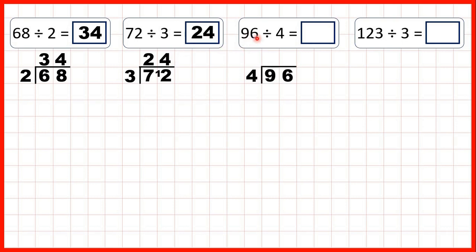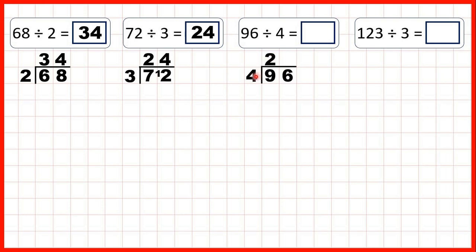Now 96 divided by 4. 9 isn't in the 4 times table, so we need to think of a number in the 4 times table that's as close to 9 as possible, but not more than 9. Well, 8 is in the 4 times table, and because 2 times 4 is 8, we can write 2 in our answer line.